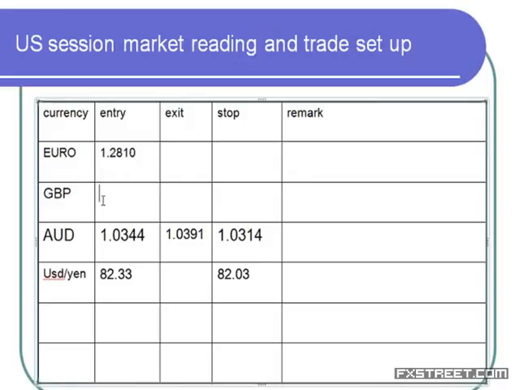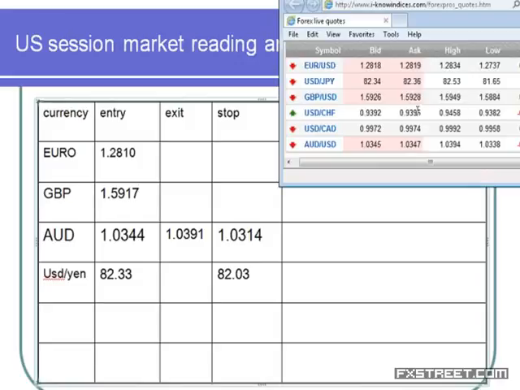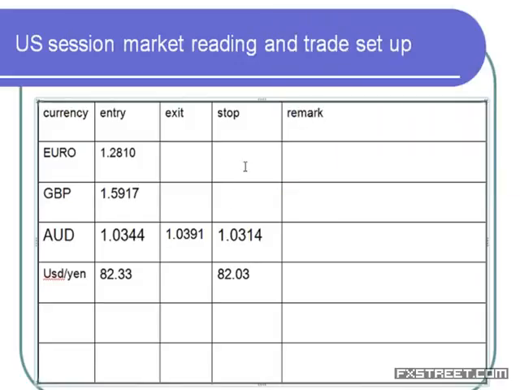And in the case of GBP, $1.5917, just 10 pips below the current level, and keep the stop 30 pips below this.